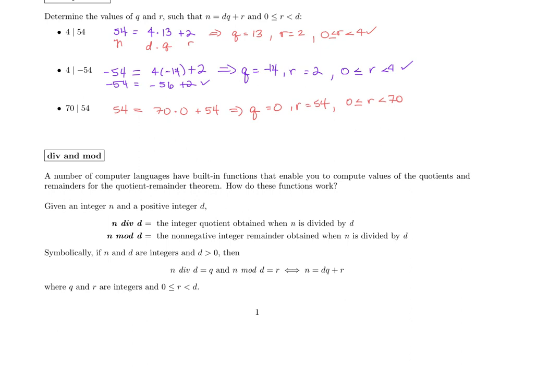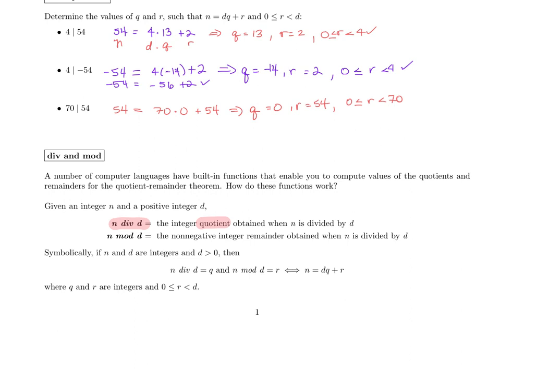Well, if we're given our integer n and our positive divisor d, then n div d is the integer quotient obtained when n is divided by d.